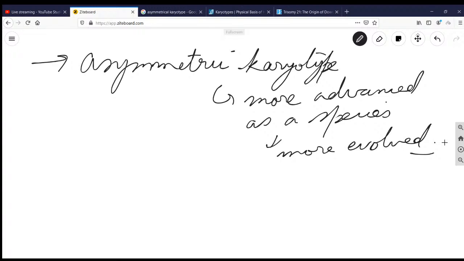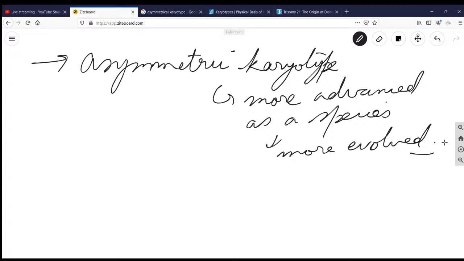Now a question will come into your mind: why so? You have to go deep into evolution to understand it. The evolution chapter is in your class 12, and a little bit is in class 11, in the biotech part. A nucleus with more metacentric chromosomes appears more symmetric.